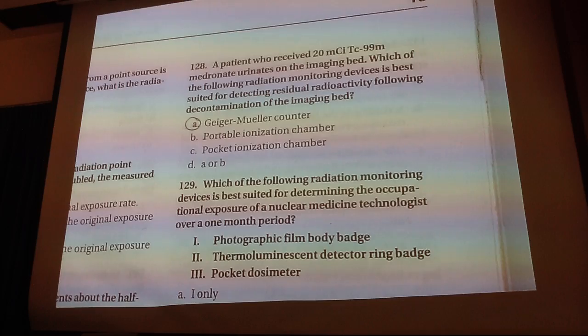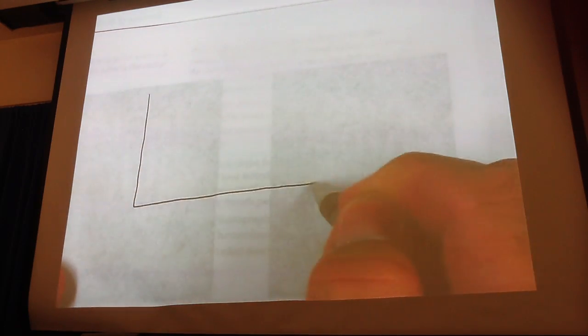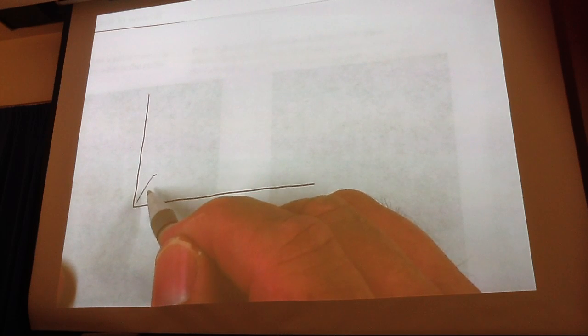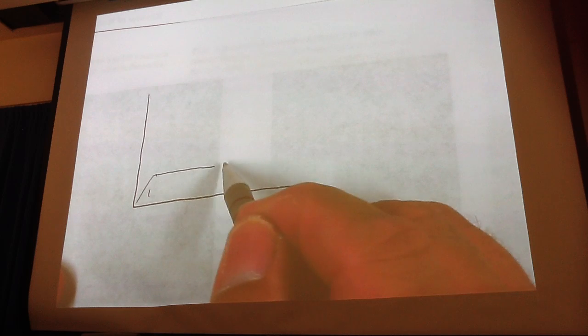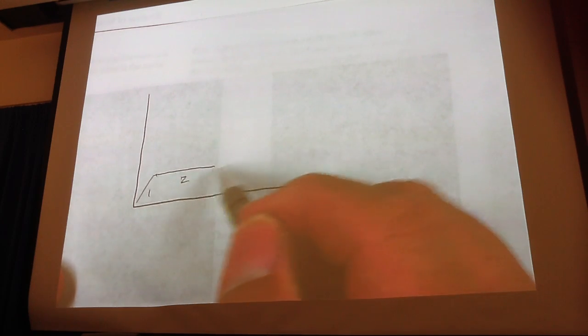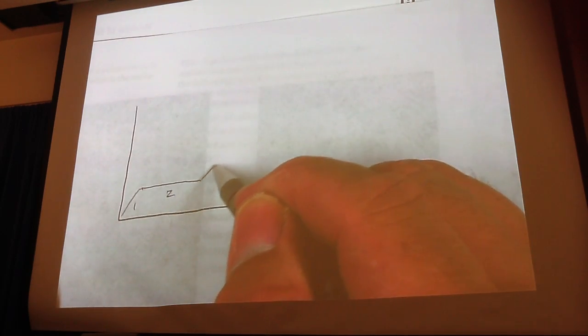One of the things about the proportional region, we use it to differentiate what types of radiation are present. So remember we have, what's this first region? Recombination. And we have a plateau. This is the ionization saturation. This is where most of our detectors work. And then we have this thing here.